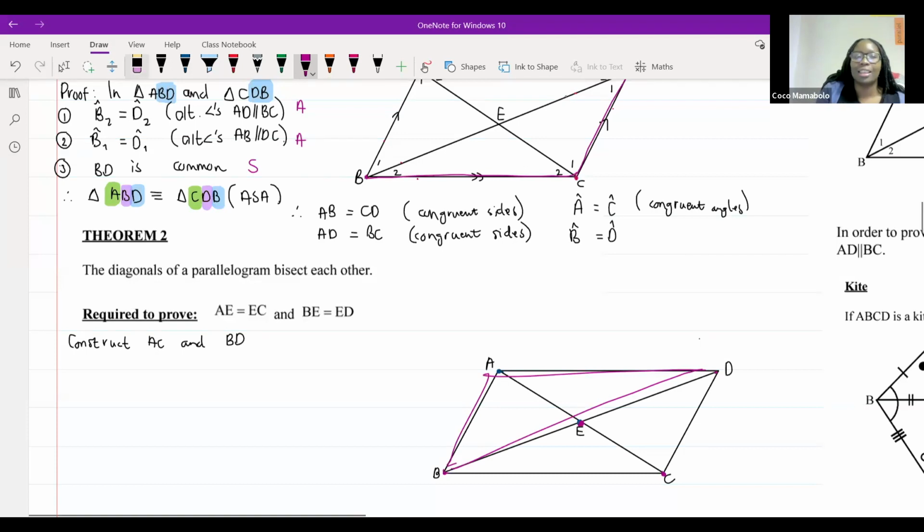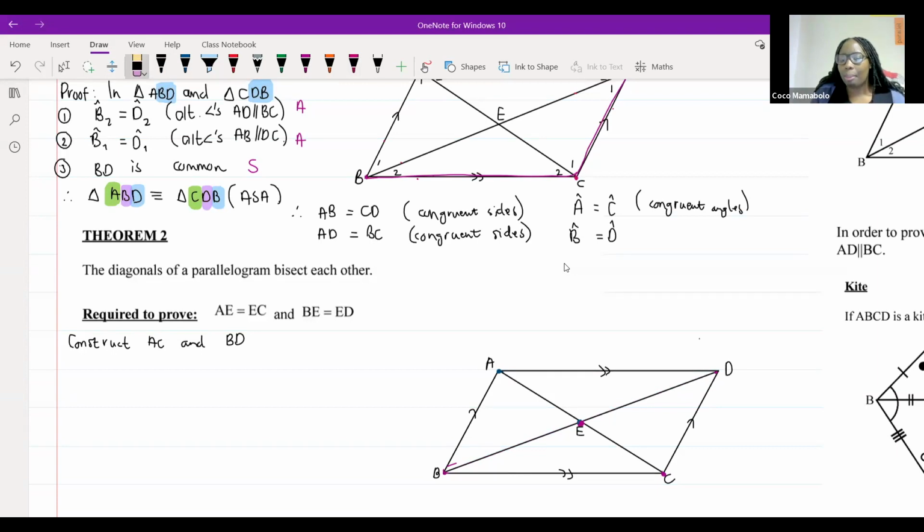Yes, correct. Michael's already onto something. We know that it's a parallelogram, so this side is parallel to this side, and that side is parallel to that side. Can I use the big triangles like we did in the proof before, the one above? No, they're not going to help me, because the big triangles are going to give me this whole side. They're just going to tell me that BD is common, and that doesn't help me in any way.